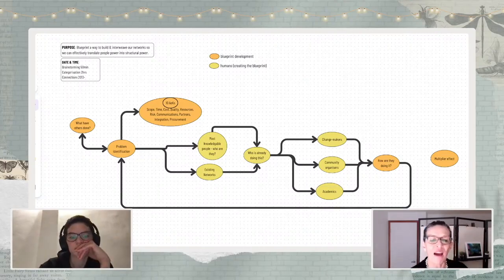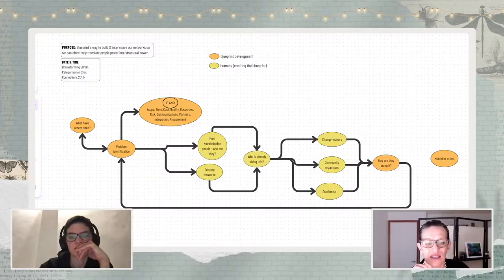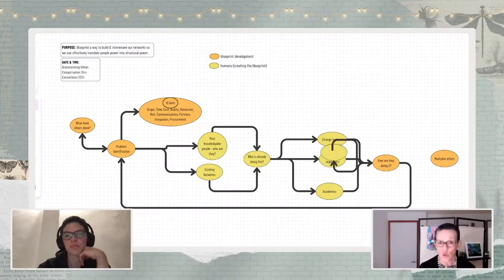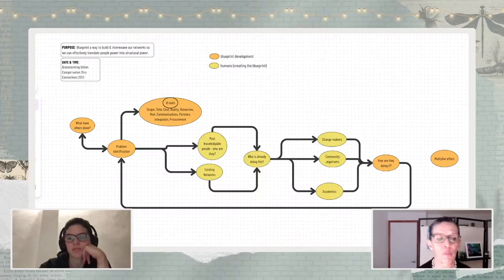So now we have all those bubbles, and we can see the connections. All of them have an entrance and an exit. Everything goes to the problem identification, because now we know what others have done. They are going to validate or reinforce or enhance or reduce the size of the problem.